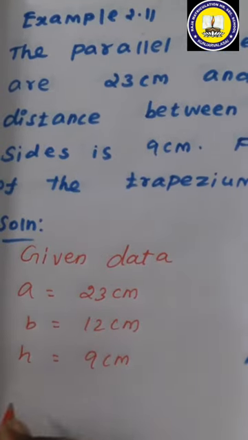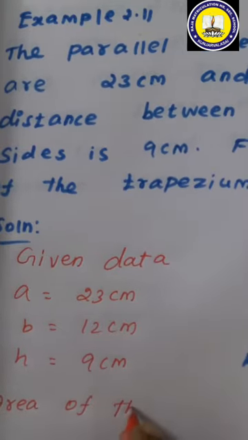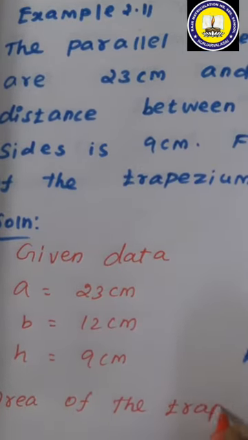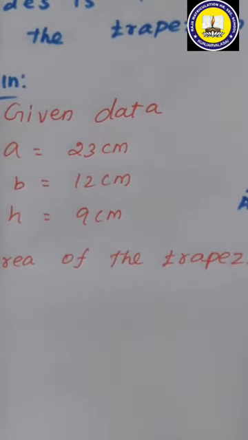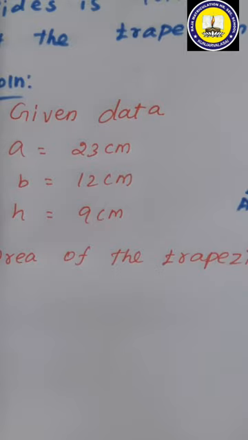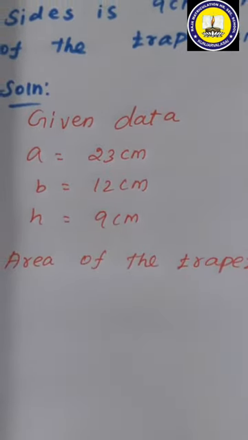Already we know the area of the trapezium. So next we write the formula: half into h into a plus b square units.